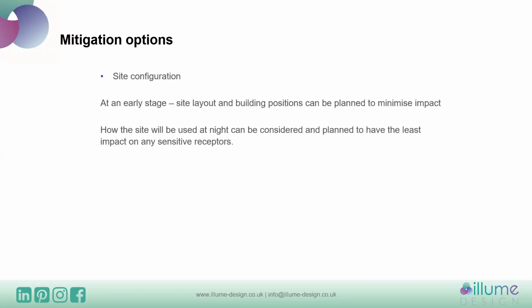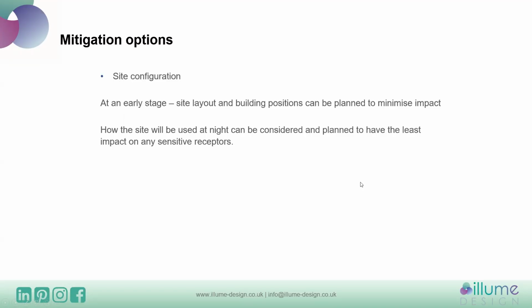Considering mitigation options, one of the easiest ones to reduce the impacts considerably is considering site configuration. So if we are involved at an early enough stage, we can consider site layout. Building positions can be planned to minimize the impact. We often are brought in too late, but this is something that we're trying to promote with lots of early collaboration and early involvement.